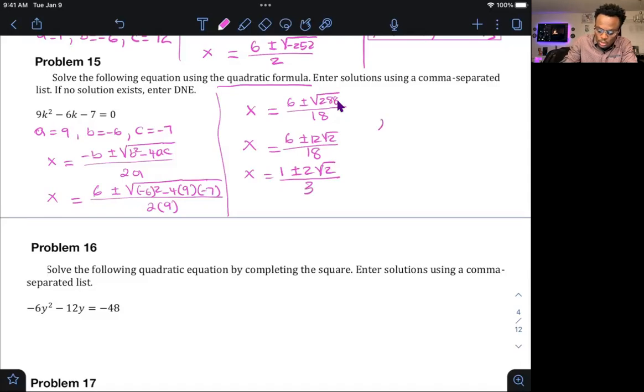So your solution set is 1 plus 2 square root of 2 over 3, and then 1 minus 2 square root of 2 over 3. That is your solution set.